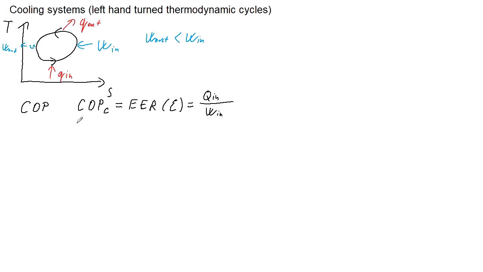Then, when it's a heat pump, what we want to get is the heating output. So then we have coefficient of performance of heating, which is the Q out divided by the work input. Well, the work input is net work input.